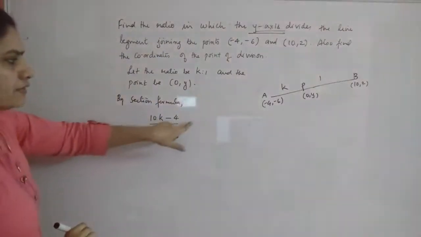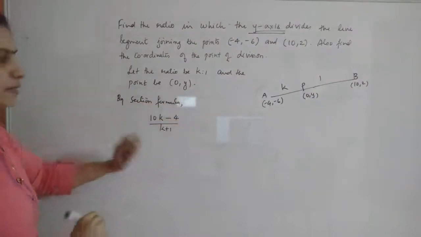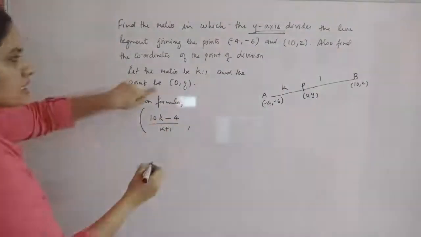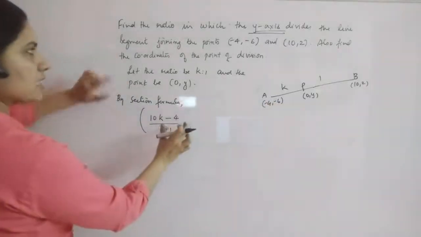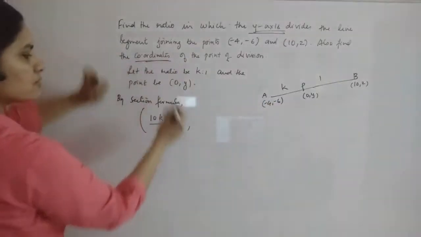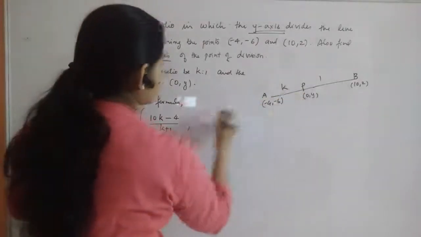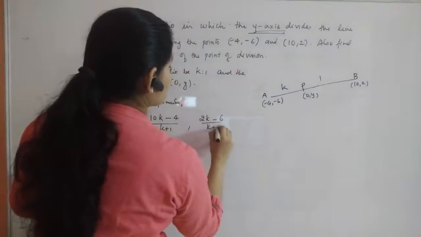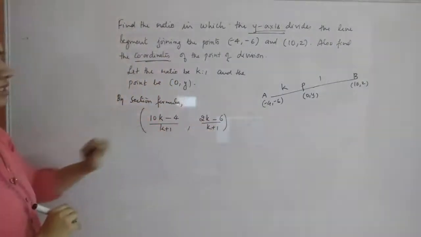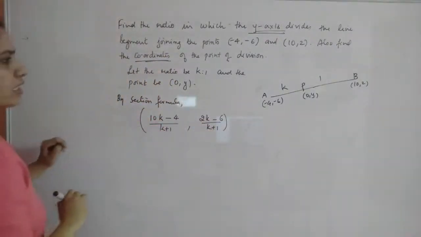From here itself you can equate it to 0 and find k, but I am writing the coordinates because we need them anyway. If only k is asked, you can just take this and do it. Since the coordinate is also asked, we will write the other coordinate. What is the next coordinate? It is 2k minus 6 by k plus 1. According to the section formula, this will be the point P.